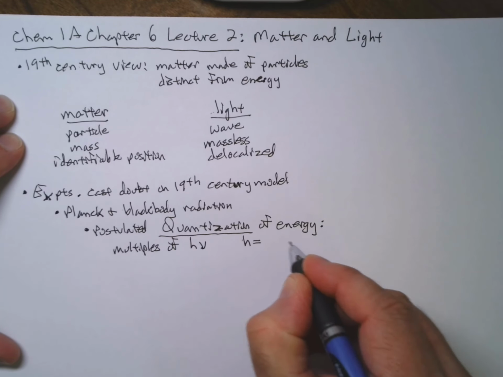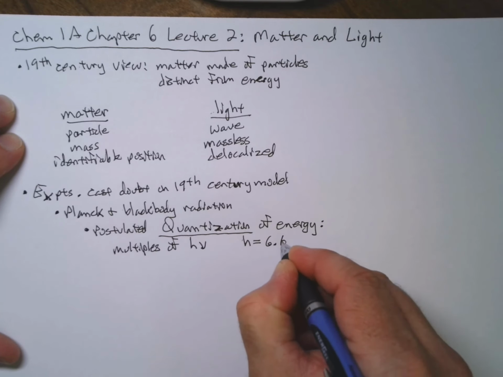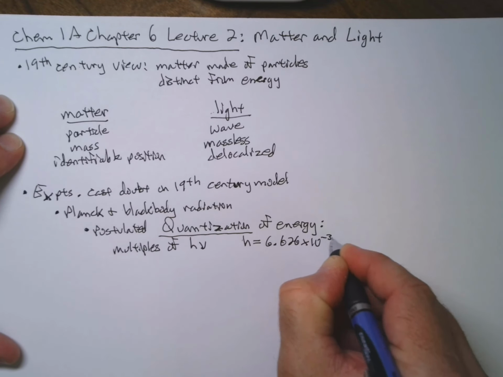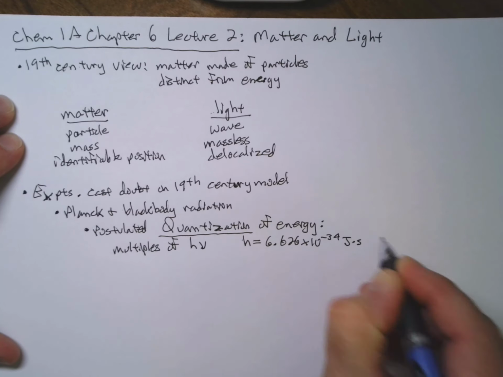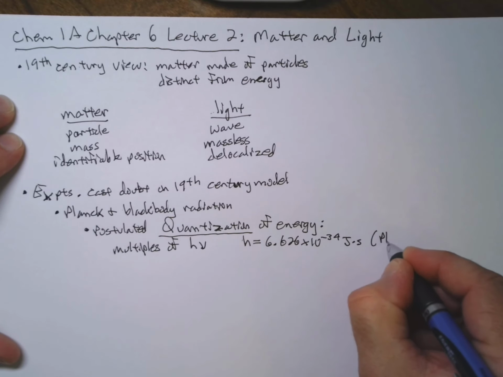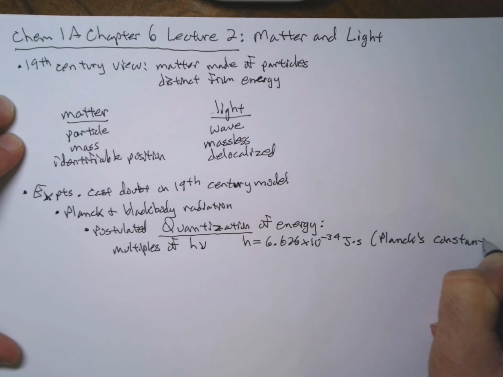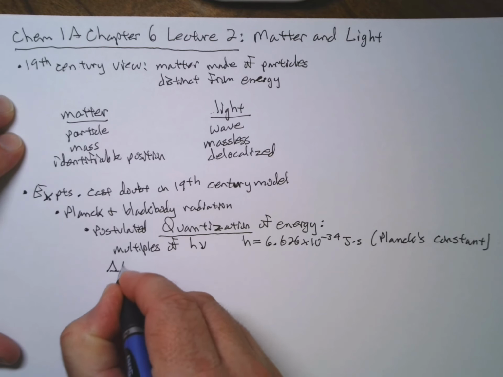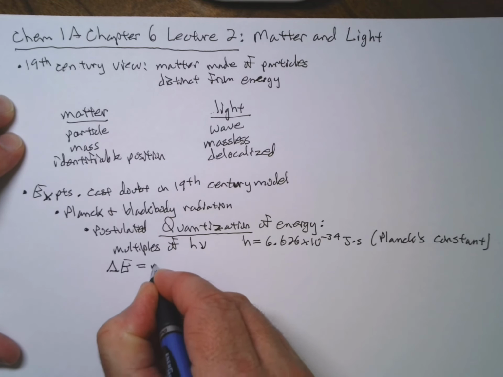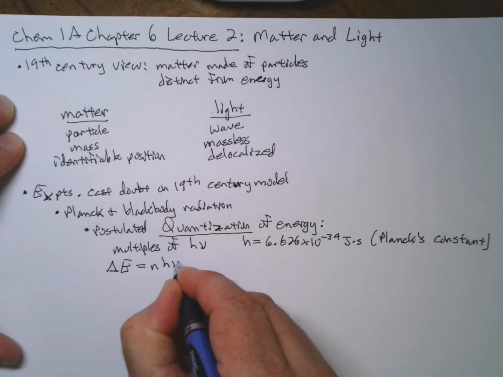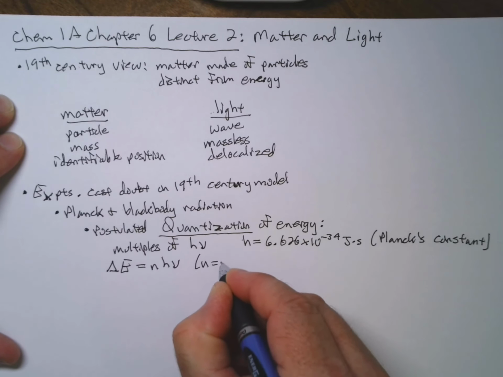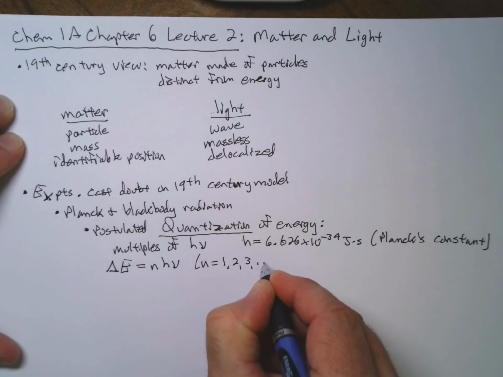And h is Planck's constant, which is 6.626 times 10 to the minus 34 joule seconds. And if you're a physics major, you may be acquainted with that. So delta E, our change in energy, equals some integer n times h nu. So n equals 1, 2, 3, etc.